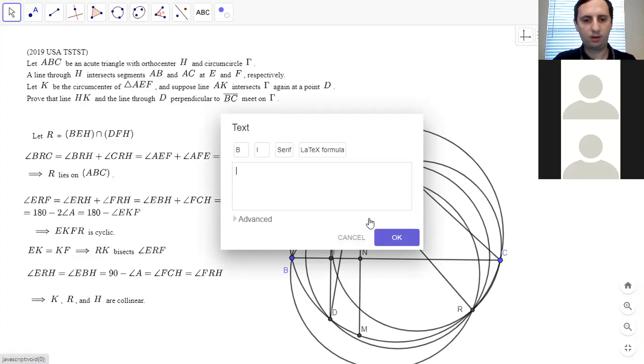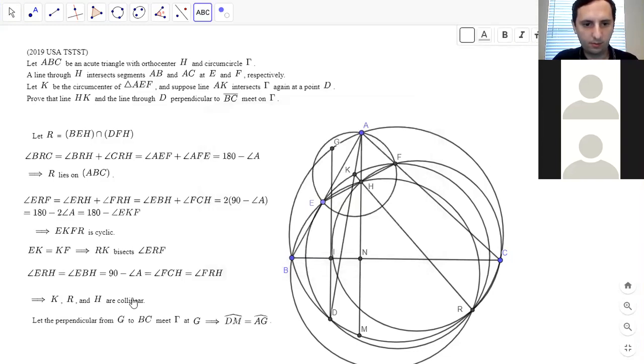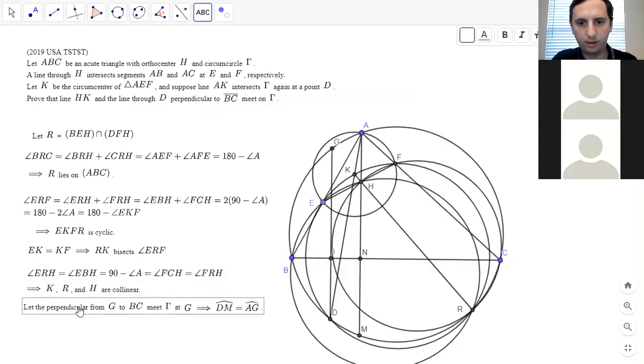So let the perpendicular from G to BC meet gamma at G. And then that means arc DM is equal to arc AG. And so now it's just an angle chase.